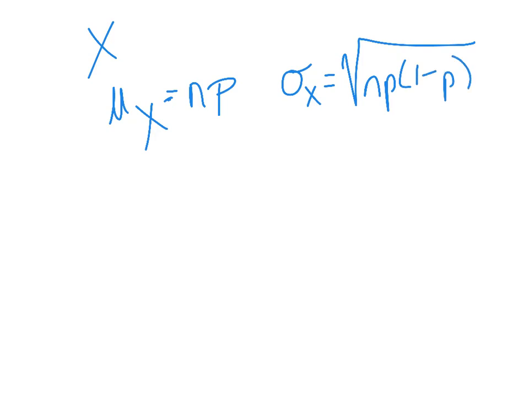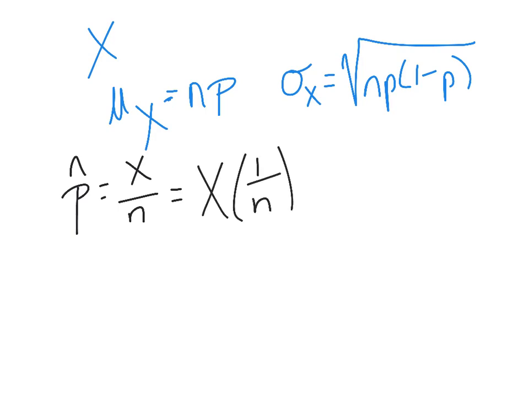And if I'm going to apply this out towards p-hat, p-hat is equal to X over n, which is the same as saying it's equal to X times 1 over n.